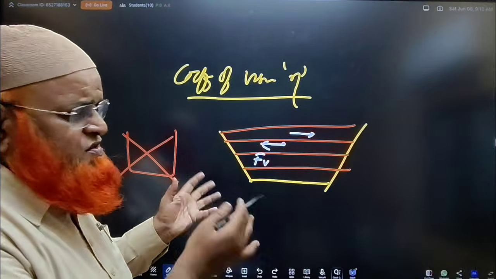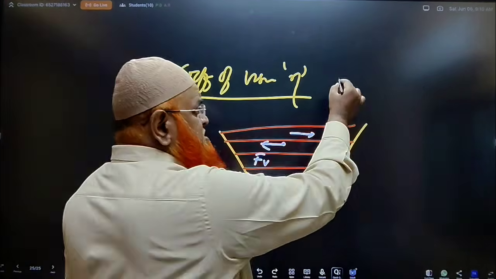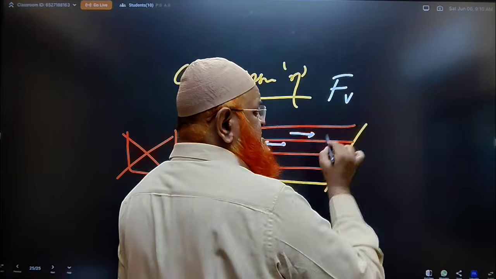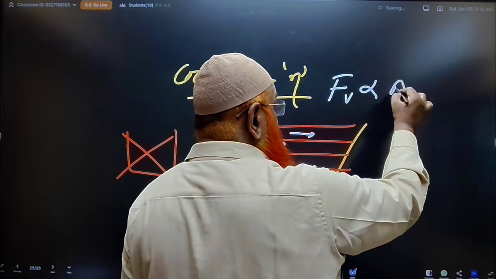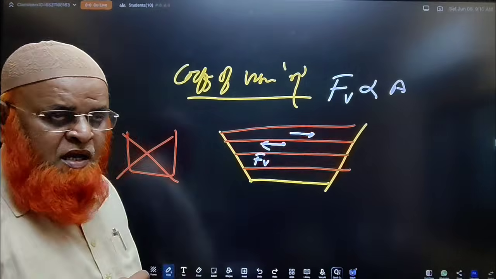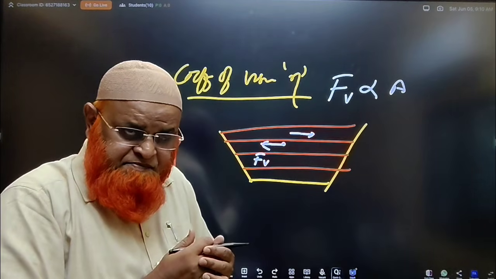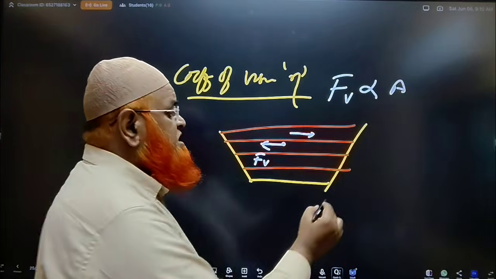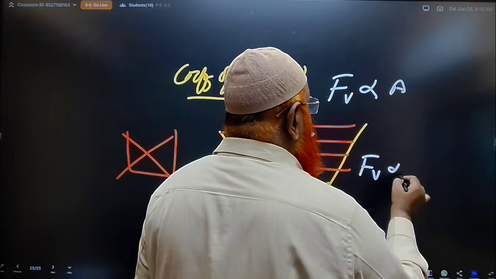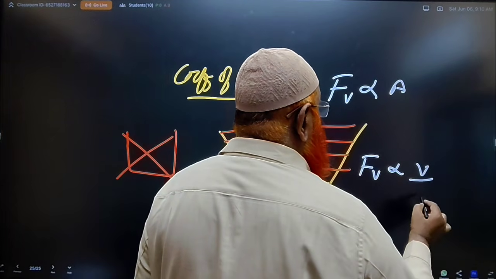Viscous forces or viscous drag depend upon something here. What is it? Viscous forces are directly proportional to the area of the below layer. If the below layer is smaller than the upper layer, viscous forces will be lesser. And viscous forces are directly proportional to velocity with respect to depth.